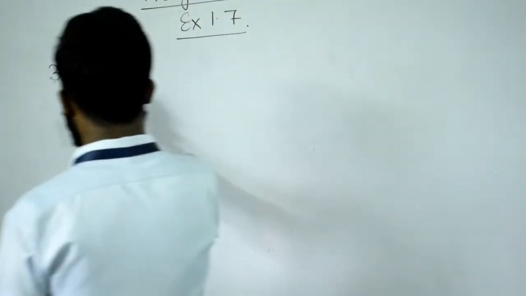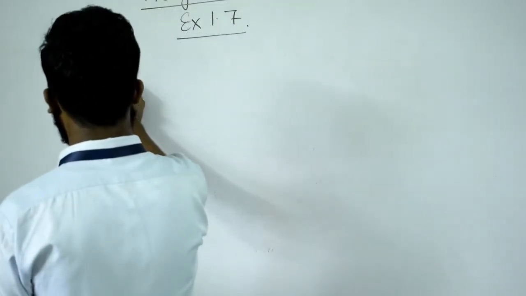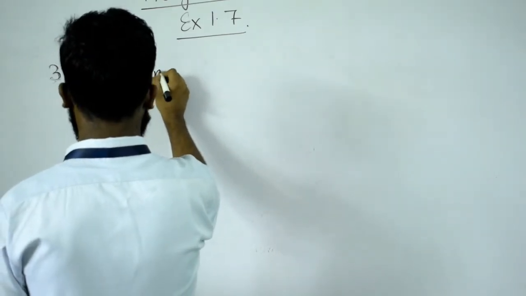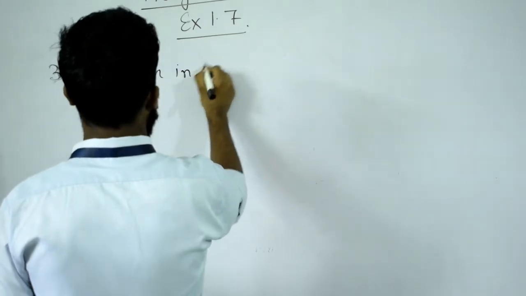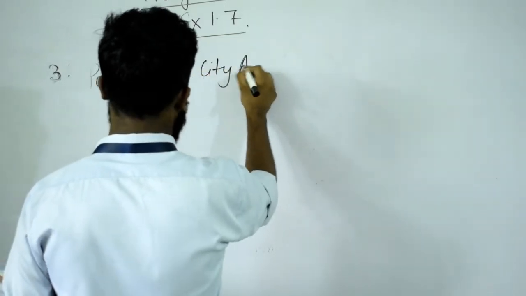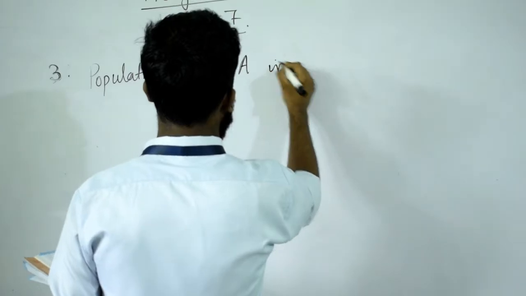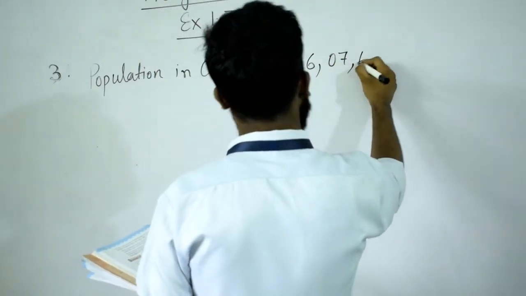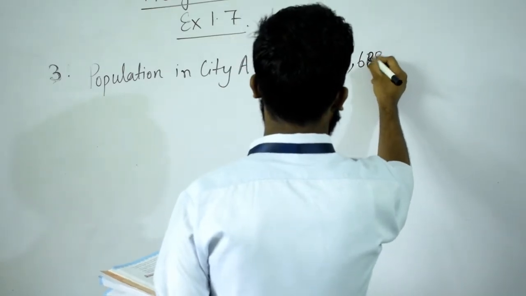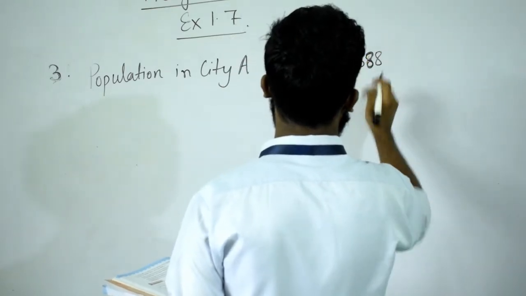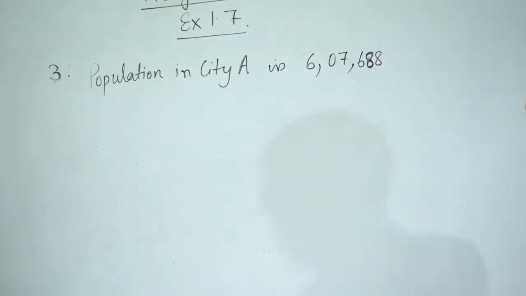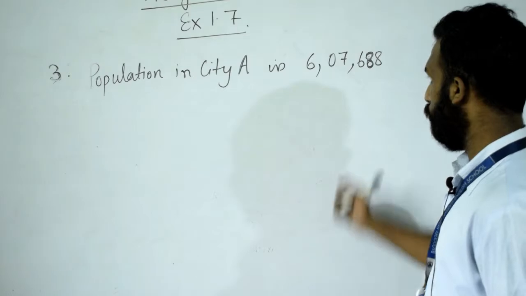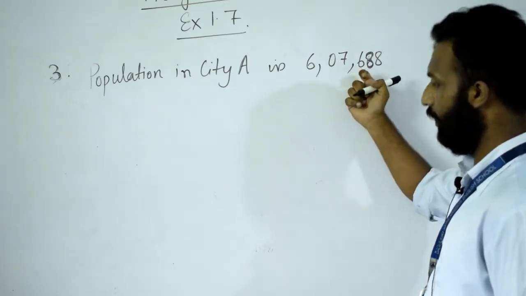So first, how will we do it here? The population in city A is 6,07,688. To round the number to the nearest 1000, we check the number at the 100 place.